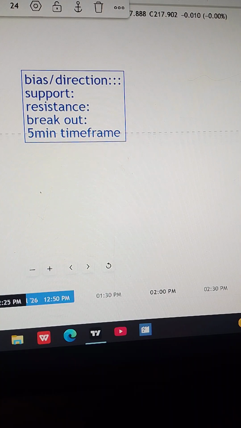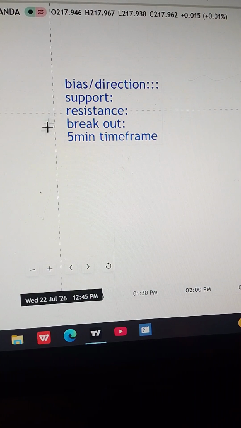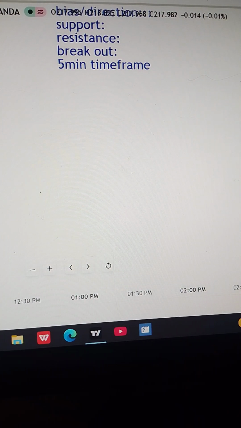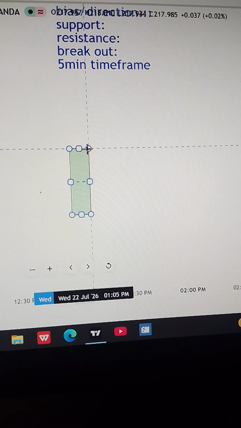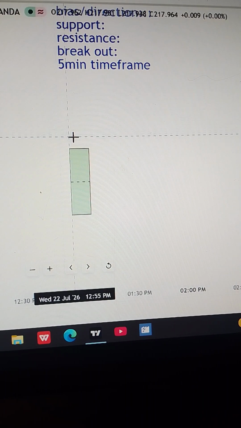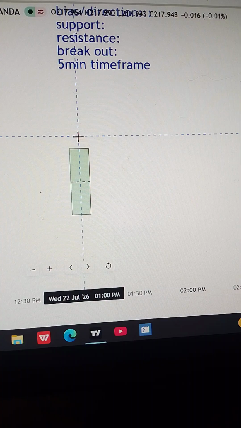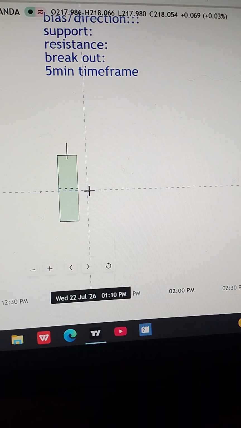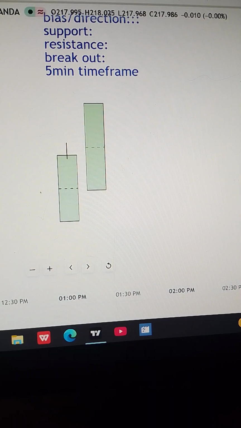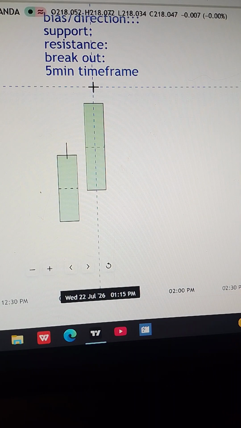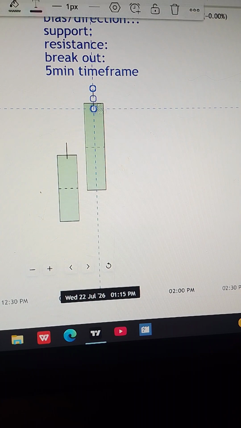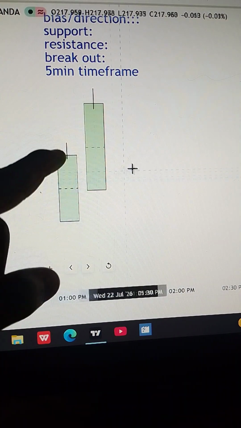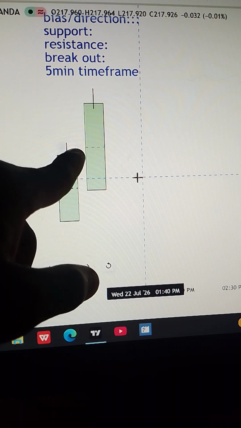Wait for breakout. I've said a breakout is when you have a candlestick. So this is the wick of the candlestick. So we have the next 5-minute candlestick, and we have its wick.